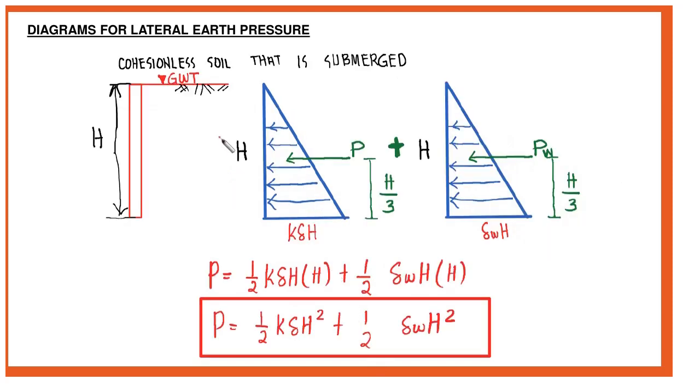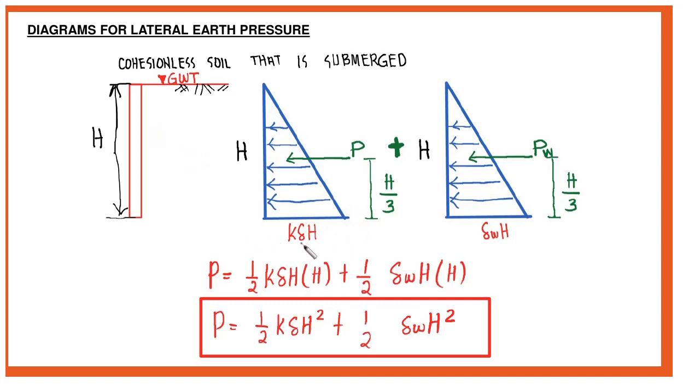And if we have also a cohesionless soil that is submerged, so pag sinabing submerged, meron tayong groundwater sa taas. So pag may groundwater tayo dyan, dalawa yung pressure diagram distribution na idodrawing natin dyan. One for the soil and one for the water since we have groundwater table. Okay, so for the soil, so, 0 pa rin dito sa ground surface at as the depth increases, mag-i-increase din yung pressure natin kasi meron na tayong soil.